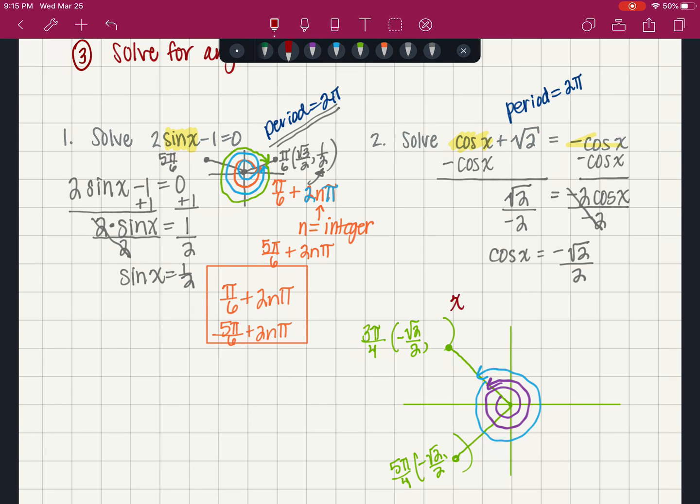So x is equal to 3 pi over 4 plus 2n pi, and x is equal to 5 pi over 4 plus 2n pi. So there's our answer.